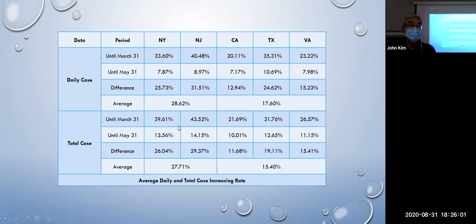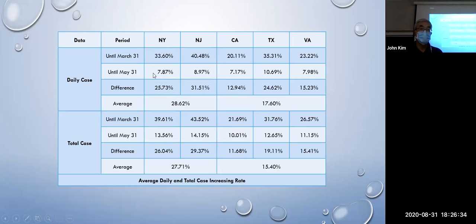And then compare daily and total case, 5 states, until March 31st, and then until May 31st. The difference in New York: the average is a 33% increase.